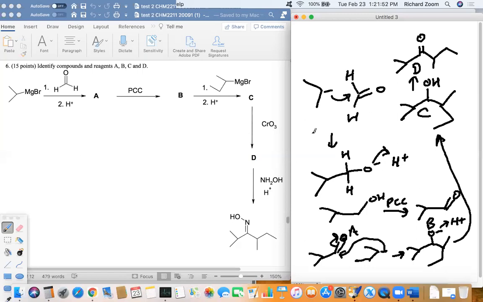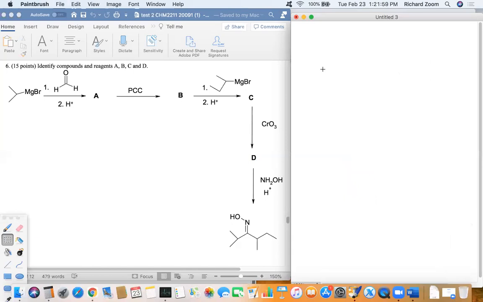Now, I told you that this could be worked forward and backwards. So if you were looking at D and you weren't really sure, let's say you didn't know these reactions to get to D, you should be able to figure out what D is based on what you're seeing here, if you know what kinds of compounds we're going to end up with.